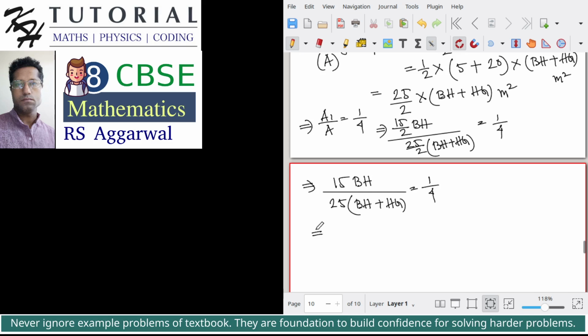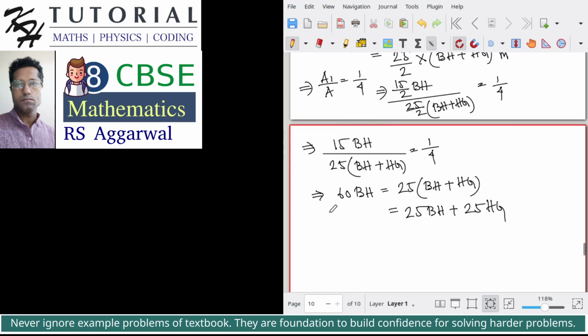If we do cross multiplication, we have 60 BH is equal to 25 multiplied by (BH plus HG). On the right hand side, after simplification, it becomes 25 BH plus 25 HG.